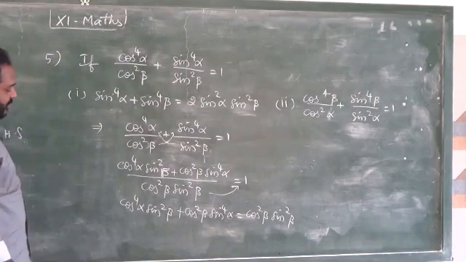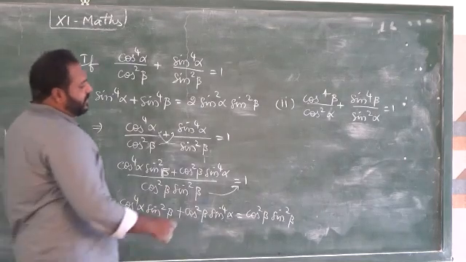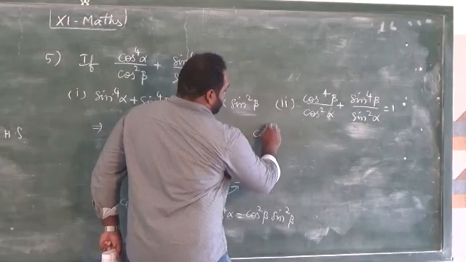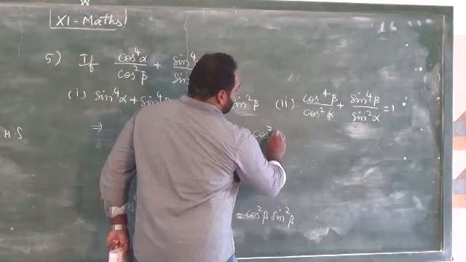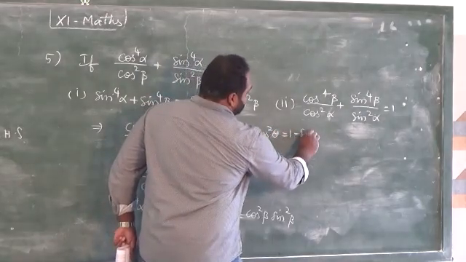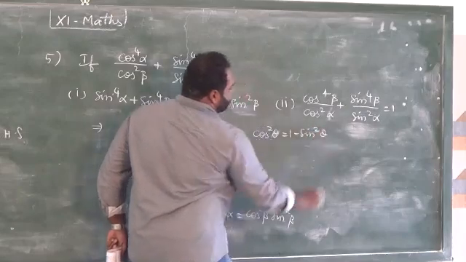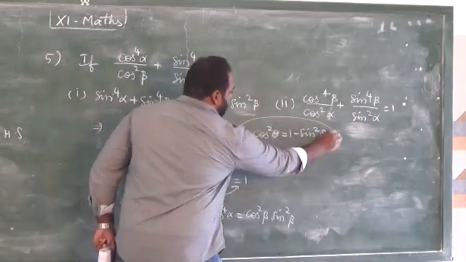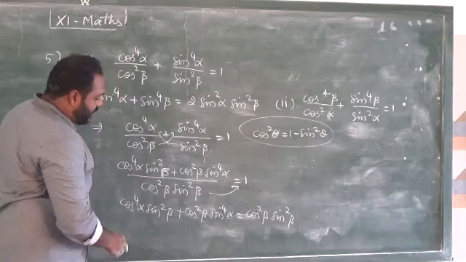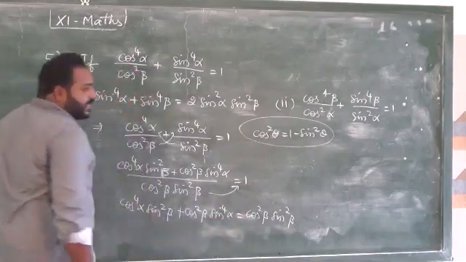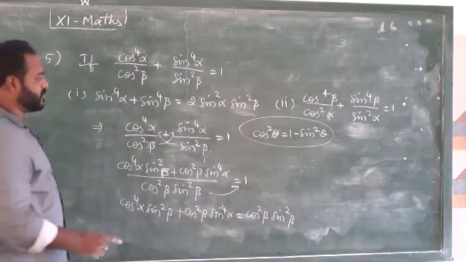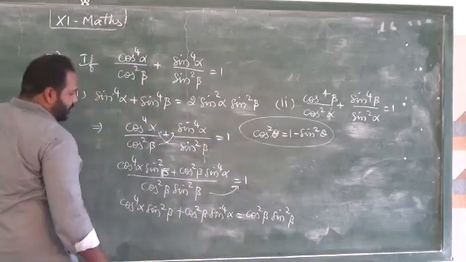We have identities. Cos square beta can be written as 1 minus sin square beta. Using this identity, I am going to change all the cos values in this equation in terms of sin.